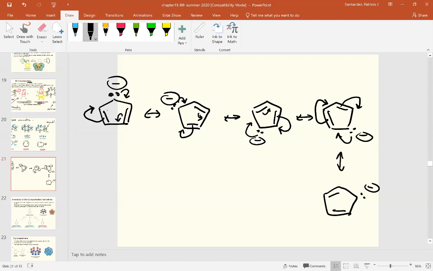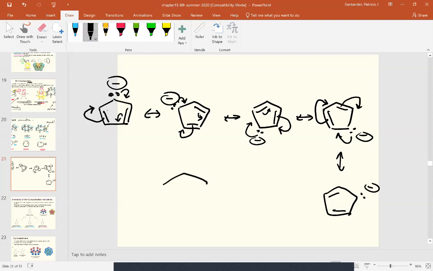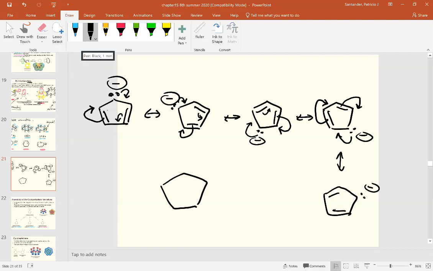All right, so that is the reason why, when we have the electrostatic potential map for a compound like this, you will see that each one of the carbon atoms has just about the same electronic density.